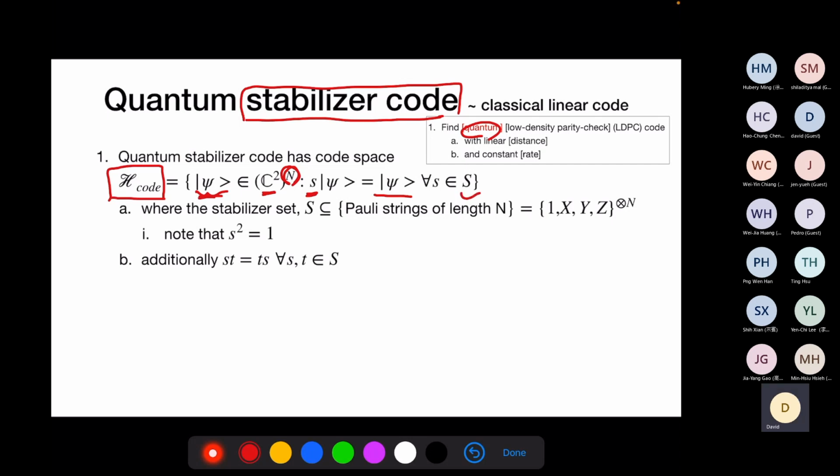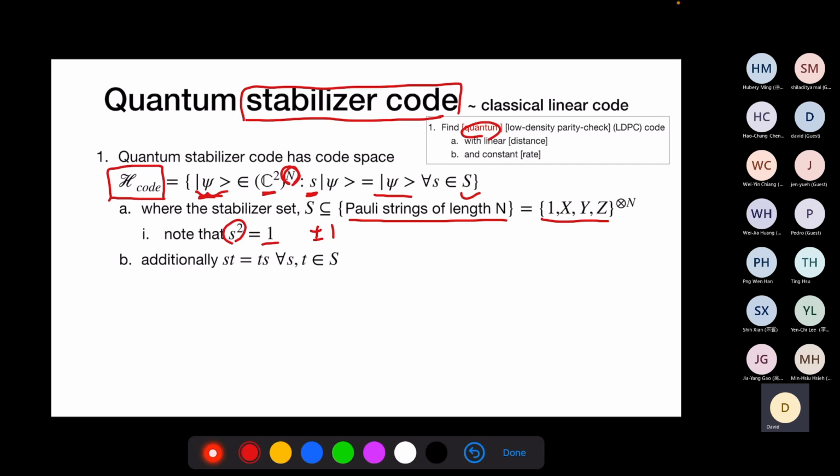These S are Pauli strings of length n. Equivalently, on each qubit, you have either identity, X, Y or Z. Note that these Pauli strings have a nice property: when you take the square, it's 1, so its eigenvalue is either +1 or -1.